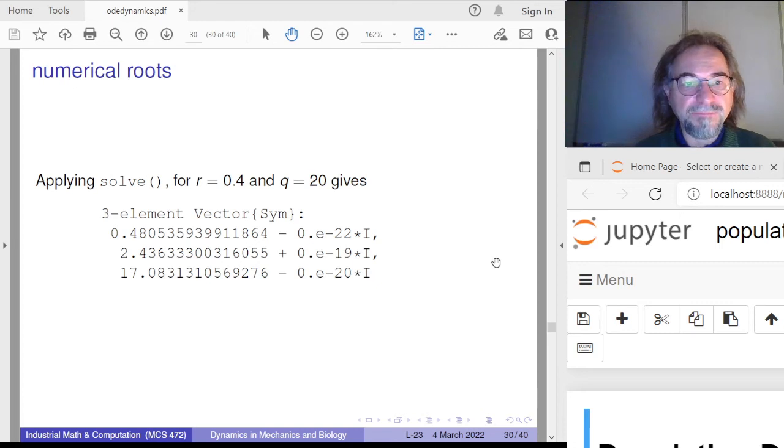We have a case where there is very little worm population, so 0.4 or 0.5 if you like. That's the first equilibrium. Then we have the 2.4, which is kind of the middle point. And then we have the case where there are many worms. Even in the presence of predators, the worm population is actually quite large. So 17.